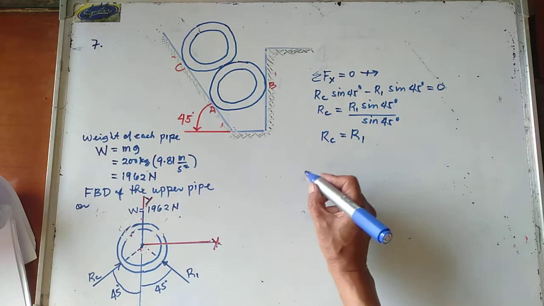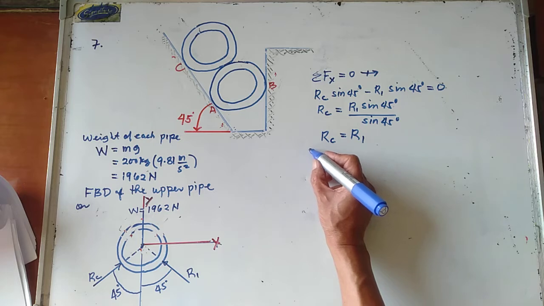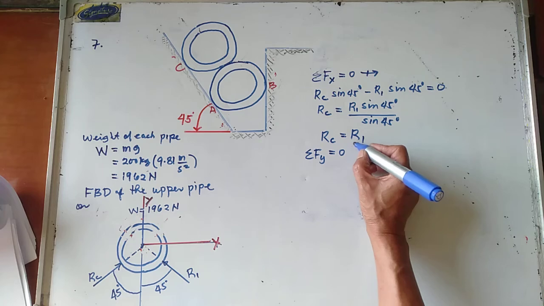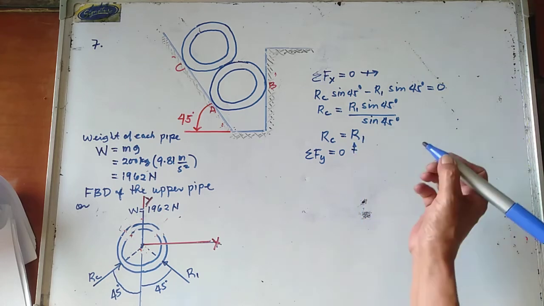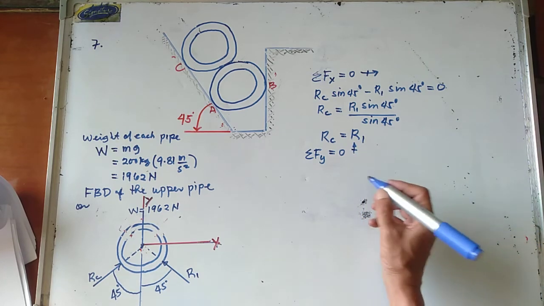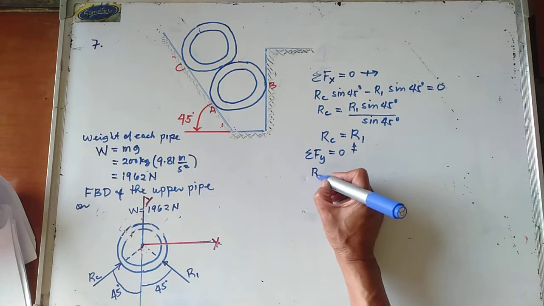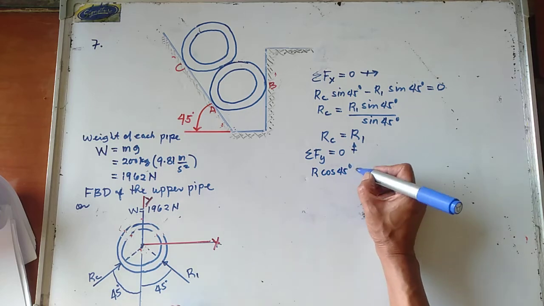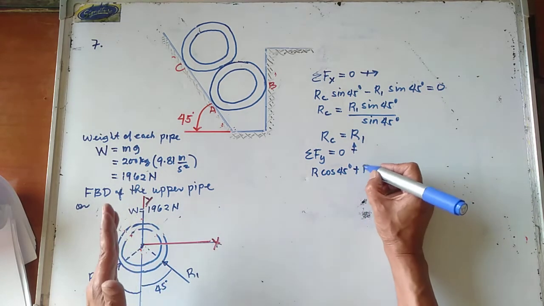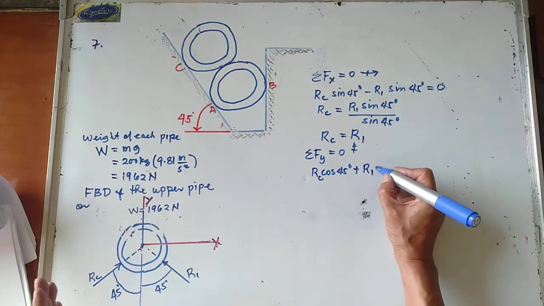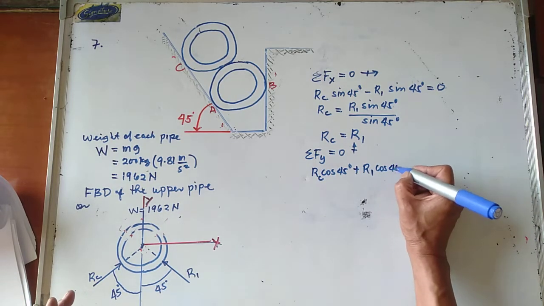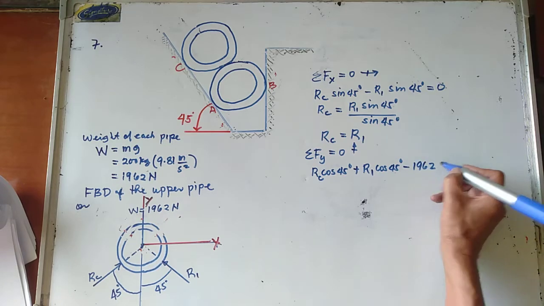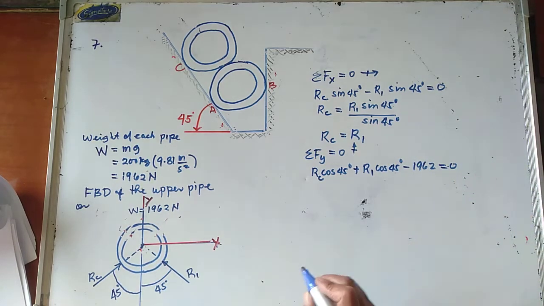Now, summation of forces along the y-axis is equal to 0, upward forces positive. So your RC cosine of 45 degrees plus R1 cosine of 45 degrees minus 1962 is equal to 0.